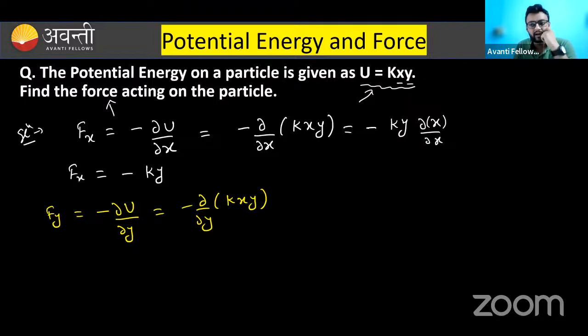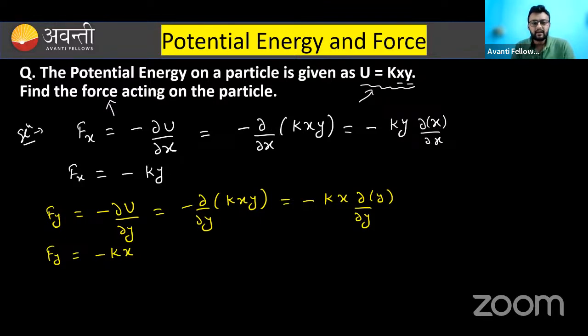This is the meaning of partial differentiation. So if I take k and x outside, what's left behind? Partial differentiation with respect to y of y, which is 1. So force in the y direction will be negative kx.